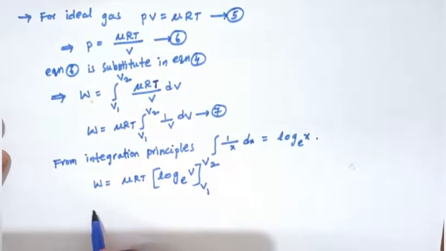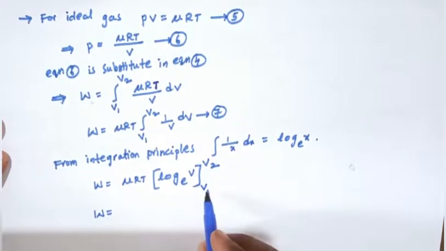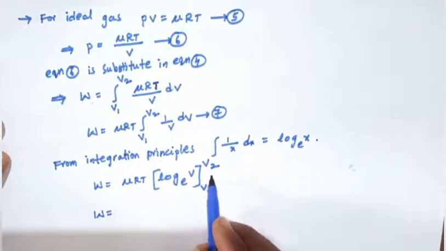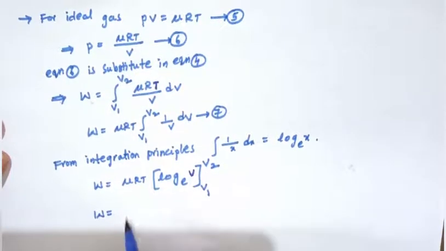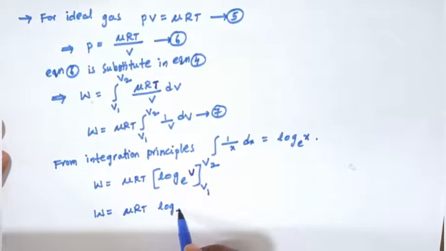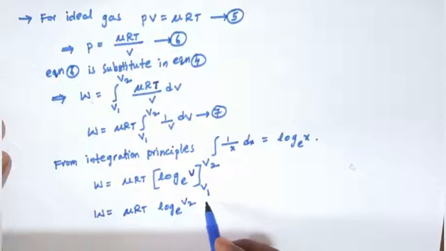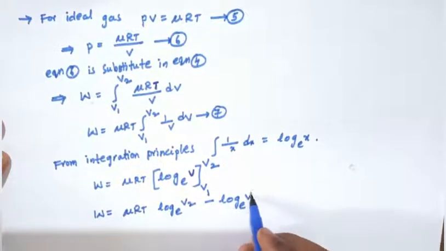Okay, so we can substitute first the upper limit and then the lower limit at V. So mu RT, okay, log base e V2 minus log base e V1.